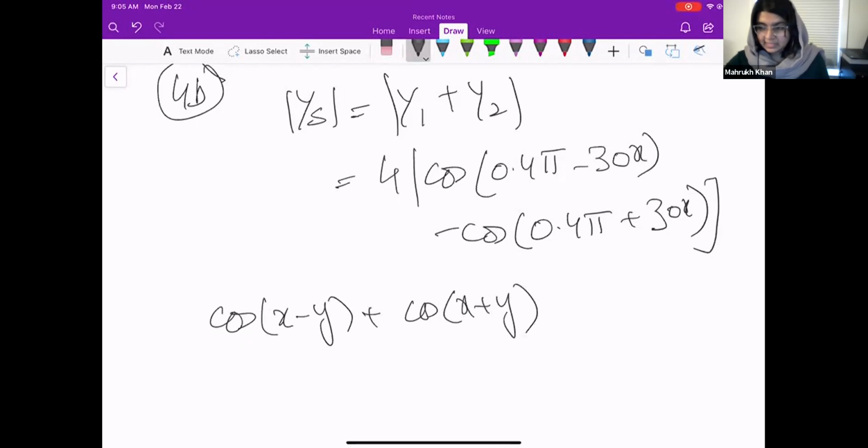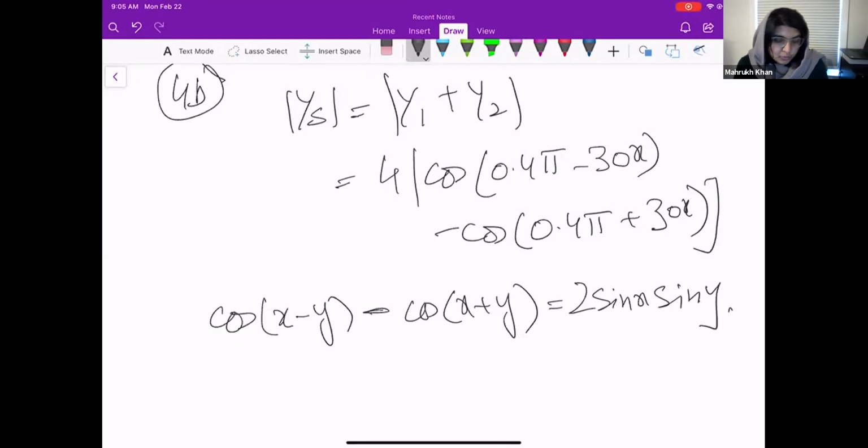What does this come out as? It's minus here, it comes as 2 sine x sine y, right? So when you do this, you will just replace your values and find the maximum value for y_s max. The maximum value will be when they constructively interfere, meaning when your sine is 1. So just do that and you should be able to find it.